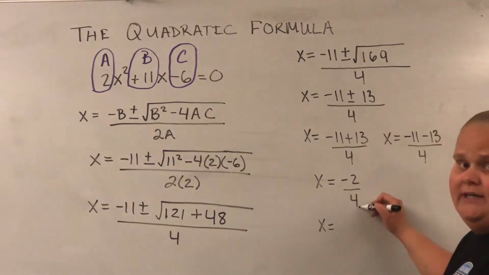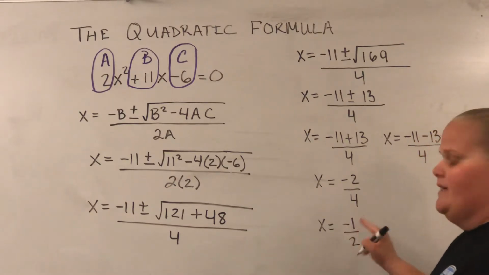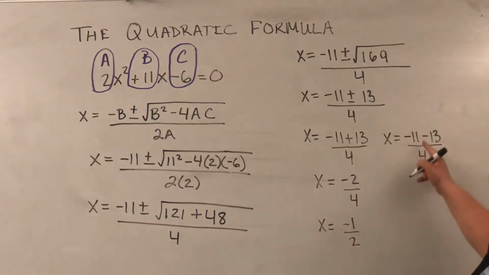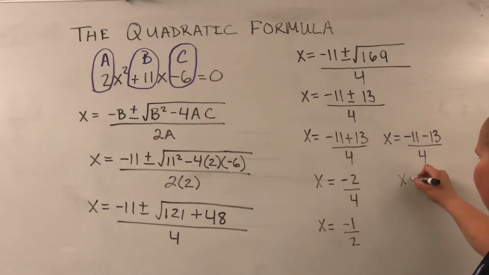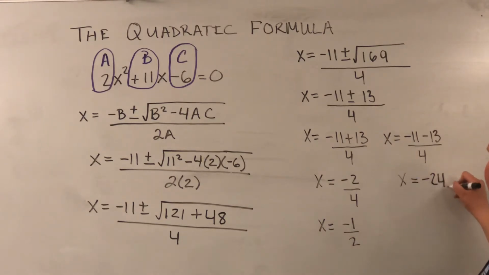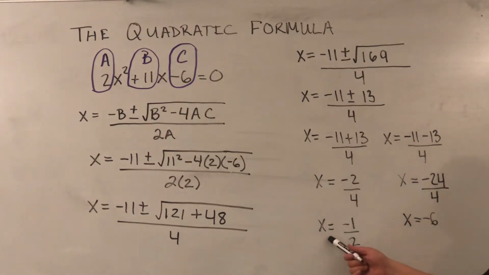Negative 2 over 4 is going to reduce to negative 1 over 2. So that's our first answer. Negative 11 minus 13 is going to be negative 24. We're still dividing that by 4, and that leaves us with x equals negative 6. So our two answers to this solution are x equals negative 1 over 2 and x equals negative 6.